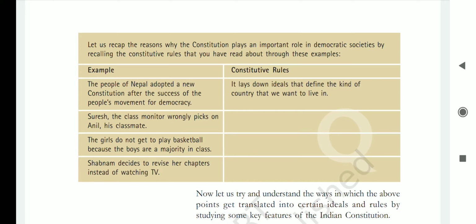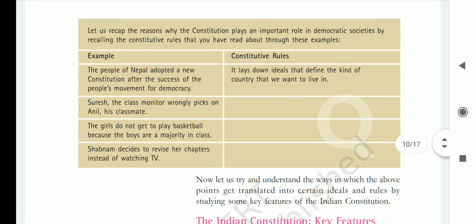We saw how Nepal's people's movement for democracy gained democracy after the monarchy. So what are the constitutive rules there? It lays down ideas that define the kind of country that we want to live in.